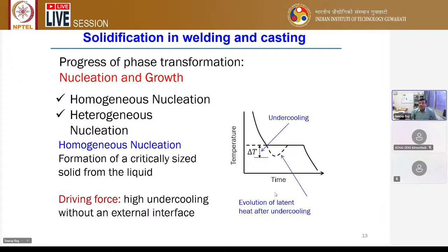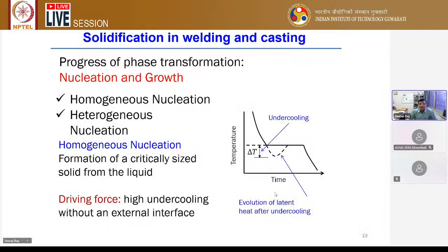Therefore, the energy barrier required to start homogeneous nucleation is much higher compared to heterogeneous nucleation, because heterogeneous nucleation starts from pre-existing surfaces or interfaces. So in this case, the energy required to start the nucleation process is relatively less. That is the difference between homogeneous and heterogeneous nucleation.